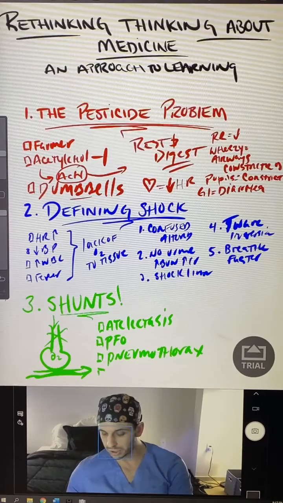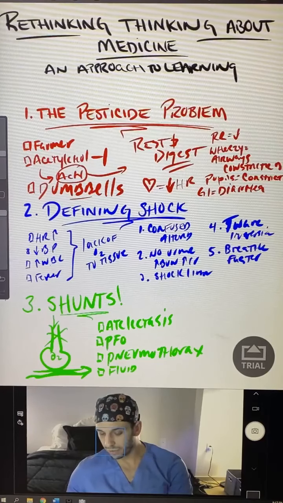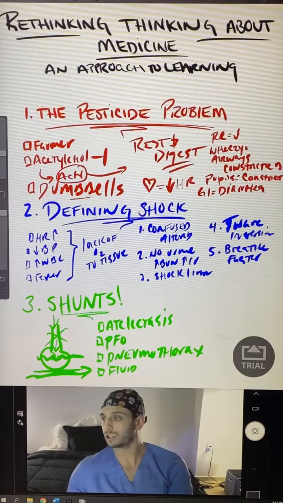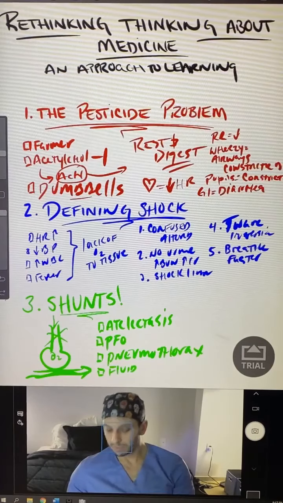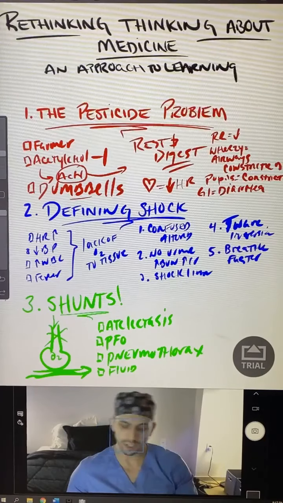Obviously we mentioned things like fluid overload, because now you have fluid in the lung that's not allowing appropriate air and oxygen to enter and get transported across. Any type of pulmonary edema. Same thing with fluid, but it can be from other reasons, like ARDS and things like that.